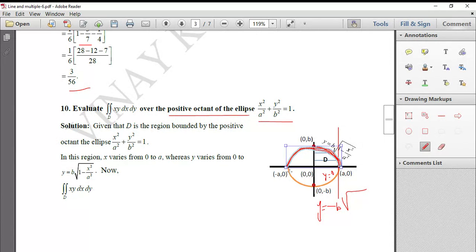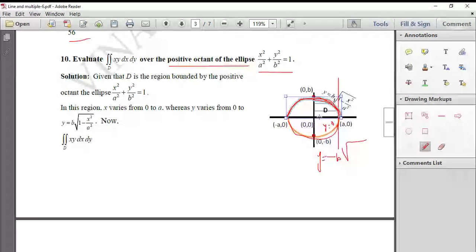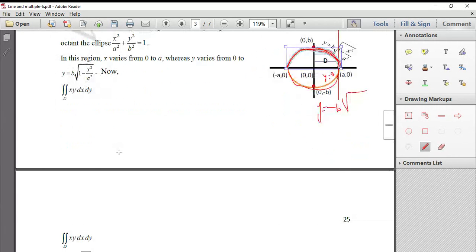All the points on the other curve satisfy y equal to minus b, negative y, okay? And this line y equal to 0, this line x equal to 0, this line x equal to a, all of them intersect at which region? This region. So this is the actual region D. In this region, x varies from 0 to a, y varies from 0 to b into square root of this. So the limit changes.